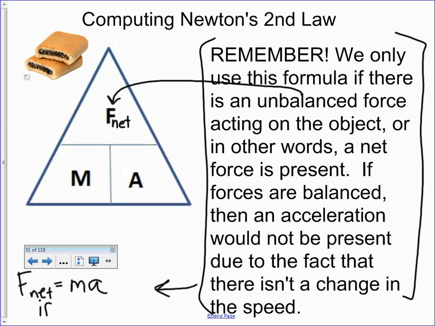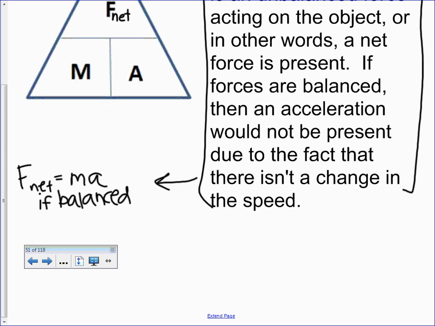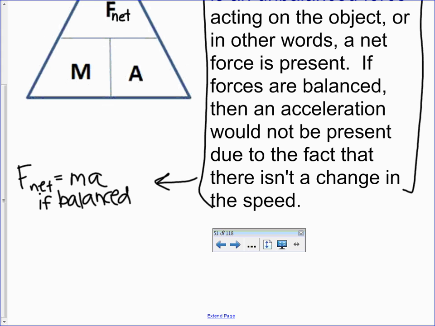If the forces are balanced, then there is no change in velocity. If there is no change in velocity, that means acceleration equals 0.